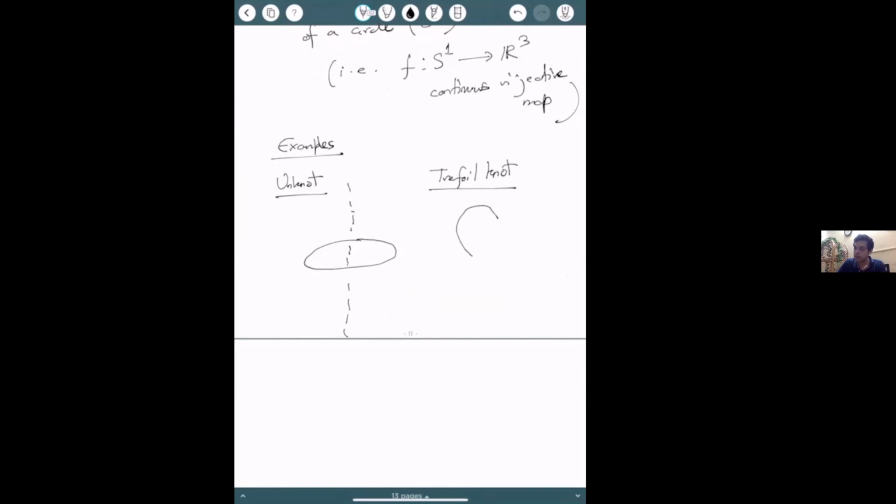I'm drawing how it sits inside three-dimensional space, so some of these arcs are going behind and some are in front. This is how one sometimes ties shoelaces. It's the simplest knot: you just loop one and then put it through the other.